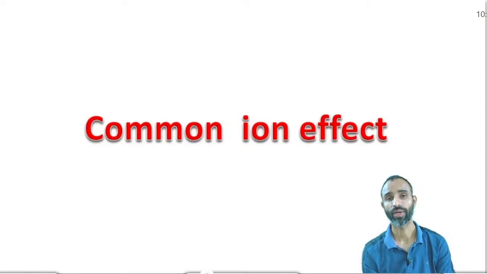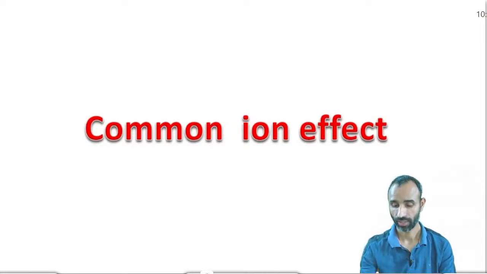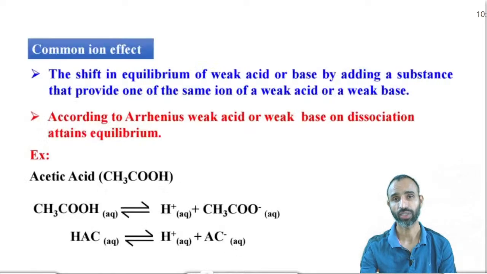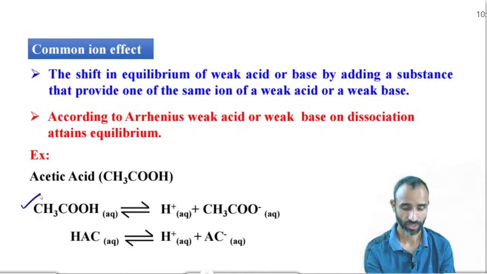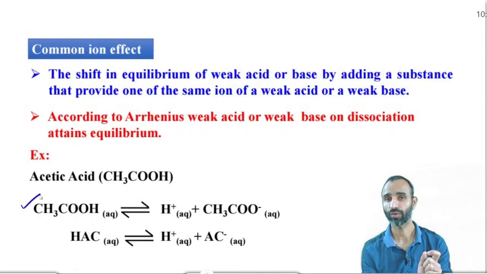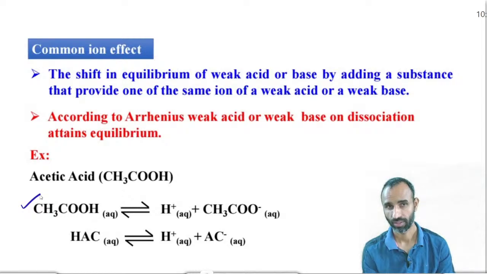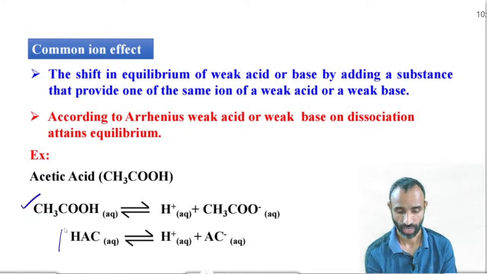Now, common ion effect we have already discussed. Common ion effect means when we have an ion common to the already present substance. Like we have acetic acid. Acetic acid is a weak acid. It gives H+ ion and acetate ion. So we can write it like this.